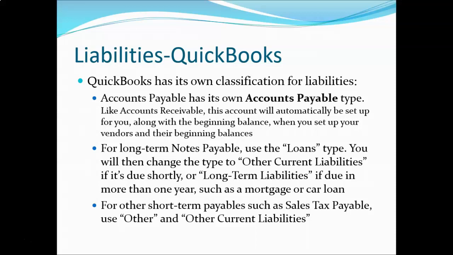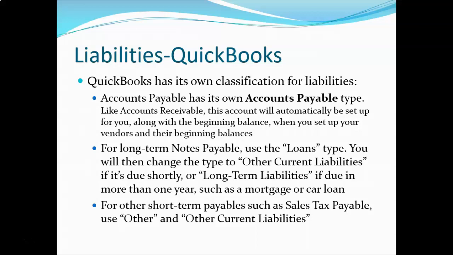For the long-term notes payable, they use the loans type. And so here you have to click on 2 things. So for the type, you'll use loans, and then you would go in and say other current liabilities if it's due within the next few months, or long-term liabilities if it's due more than a year, such as a mortgage or a car loan.